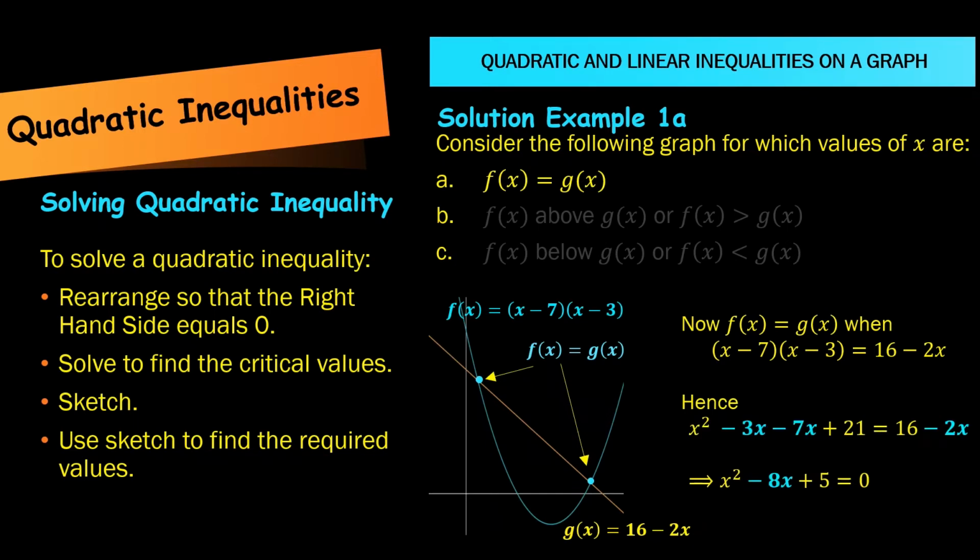The x's gather together to make minus 8x. And the constants 21 minus 16 is equal to plus 5. And then factorising this quadratic gives us that x minus 3 times x minus 5 is equal to 0.